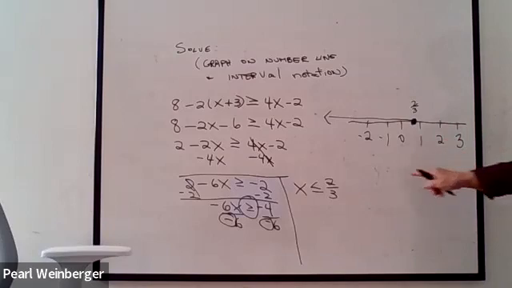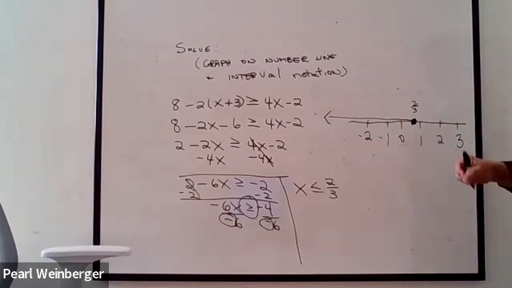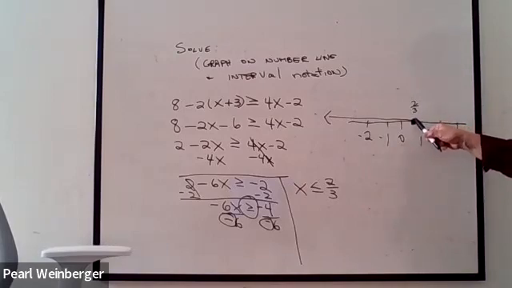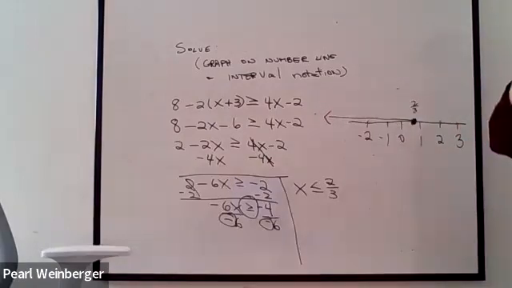If you were doing this solution on the number line in Delta Math, here's what you would do. You would go to the 2/3 and it would be printed out there. You wouldn't have trouble finding it. You'd click on the 2/3 and then hold down your cursor and drag it to the left.